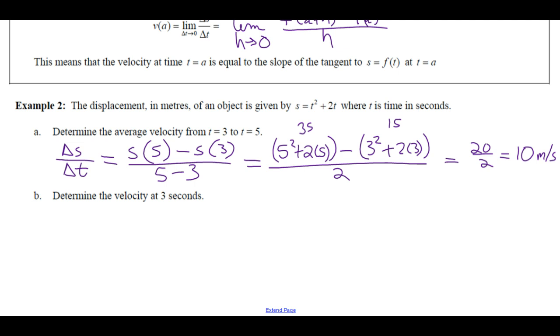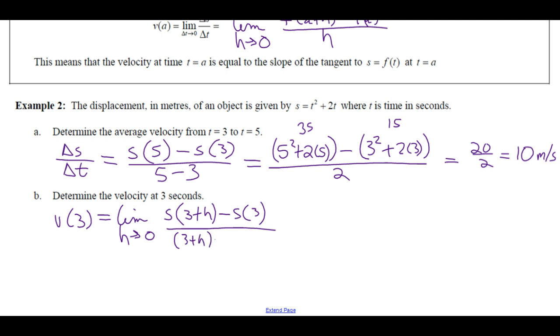What was the instantaneous velocity at 3 seconds? So instantaneous velocity, v of 3, the velocity at 3 seconds, is the limit as h approaches 0 of s of 3 plus h minus s of 3 over 3 plus h minus 3, or just h.